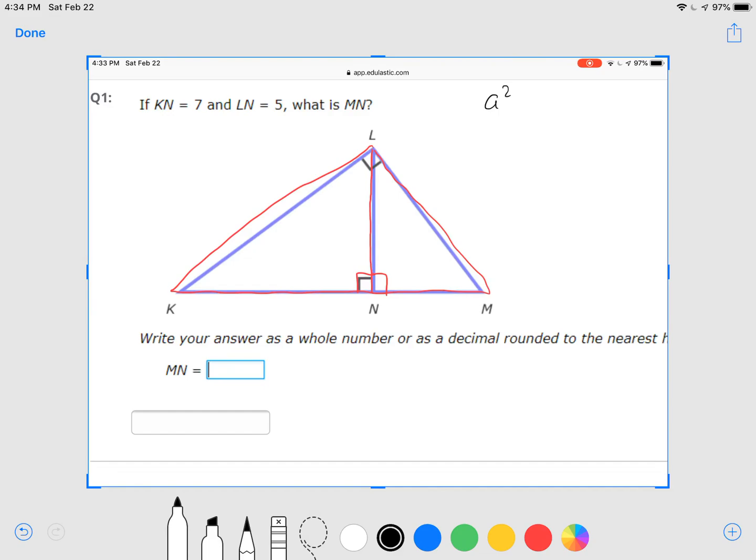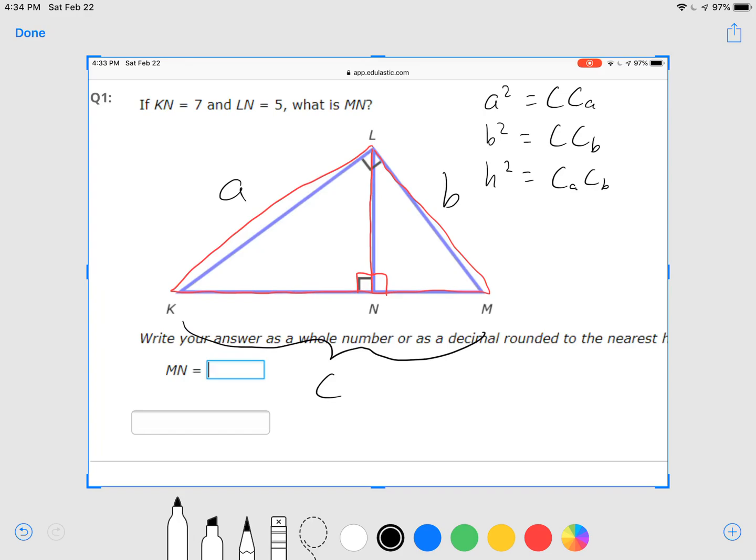They were a squared is equal to c times ca, b squared is equal to c times cb, and h squared is equal to ca times cb. C refers to the hypotenuse of the original large triangle. Then A and B we can label on either side.